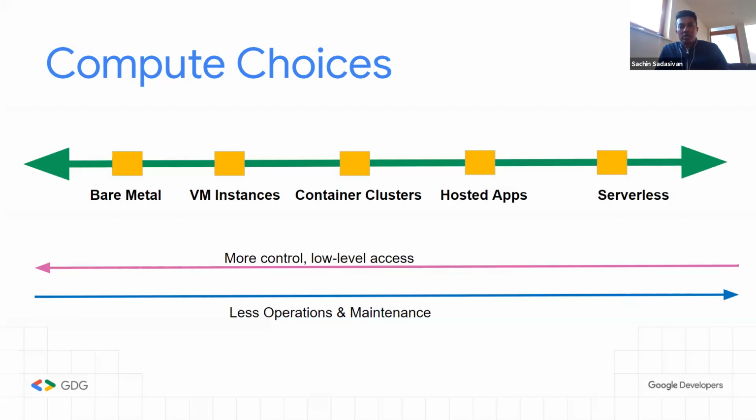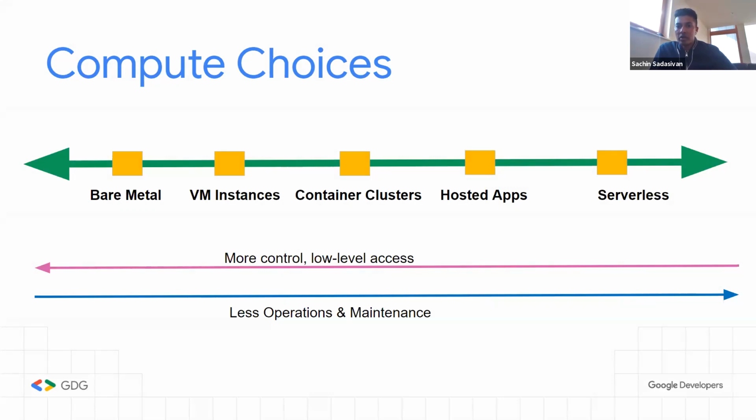So when you're talking about these computing choices, if you look at the spectrum again, if you go to the left, towards the bare metal, you have more control, you have low-level access, but you have the overhead of maintaining that yourself, both the resources, the infrastructure, and networking. On the other hand, if you go towards the right, the operation and maintenance cost is very little.